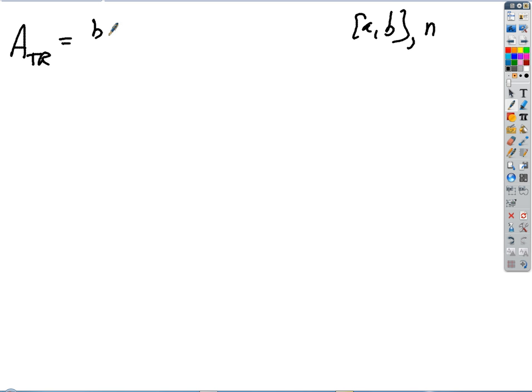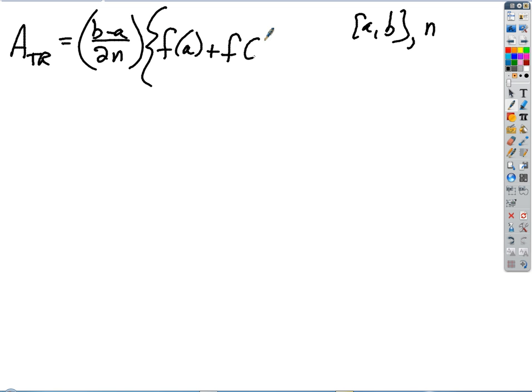B minus A, B minus A over 2n, good, times f of A plus f of B plus 2 times what we call the interior sum, right? Sum of f of x sub i, but let's go ahead and just write that in.